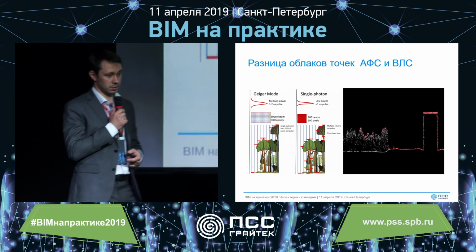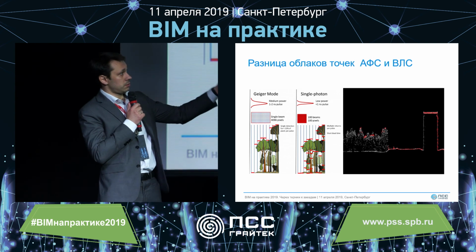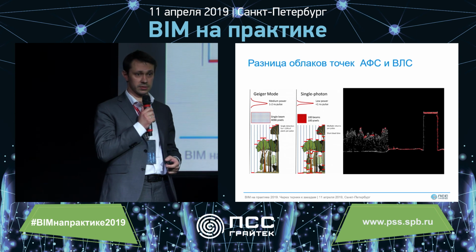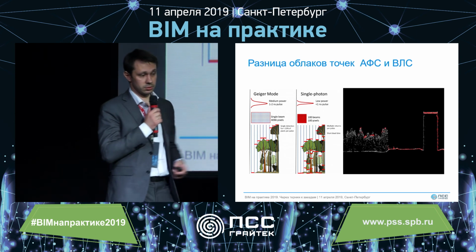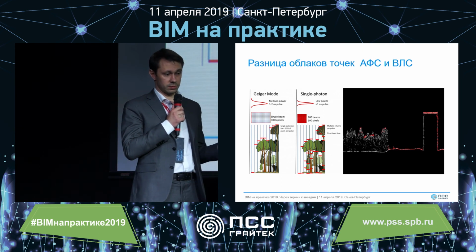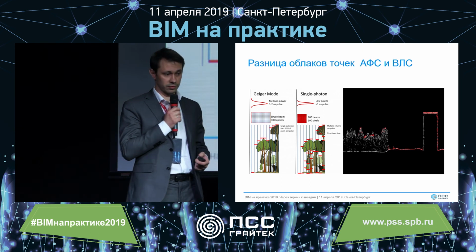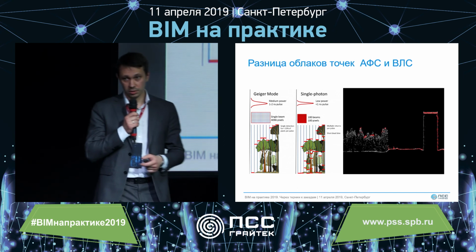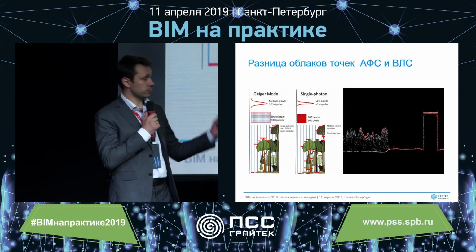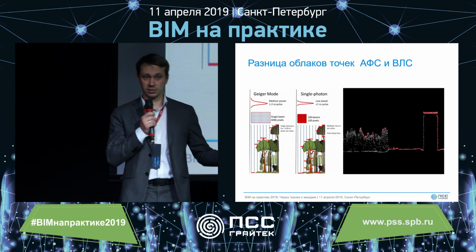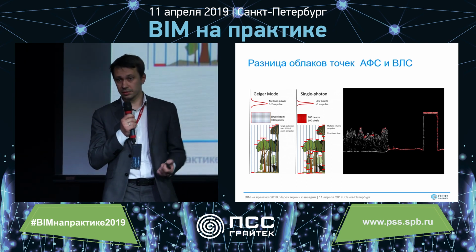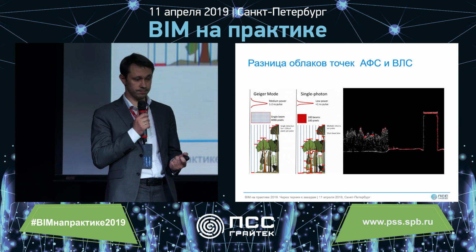The key difference here from the aerial photography: you see the red dots from the aerial photo and the gray dots from the laser aerial scanning. So the aerial photography dot cloud forms the key structures, so we see only the surface in this case, while laser scanning can go deeper.